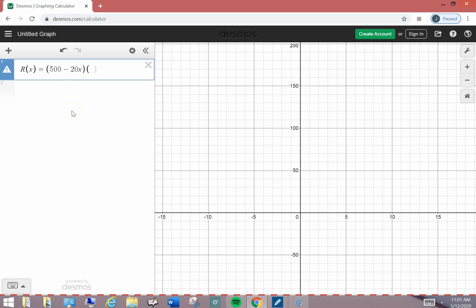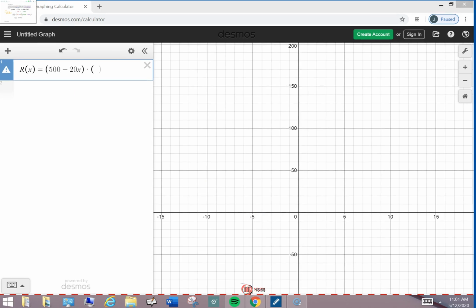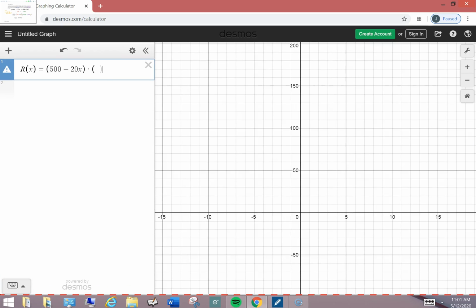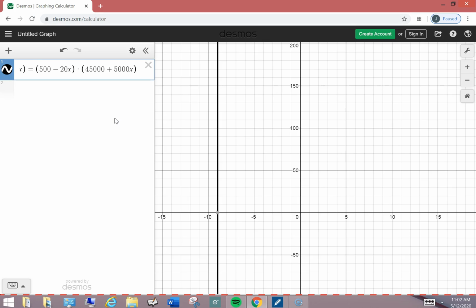It's on the keyboard, or you could do Shift 8, which gives you the star. And then the other factor, 45,000 plus 5,000x. We'll type that exactly as we see it. All right, and that's our equation, and this is our graph.